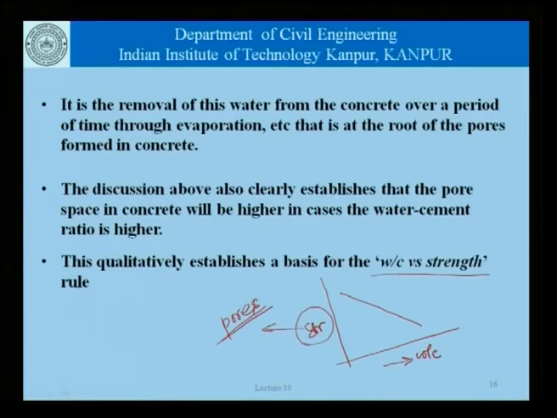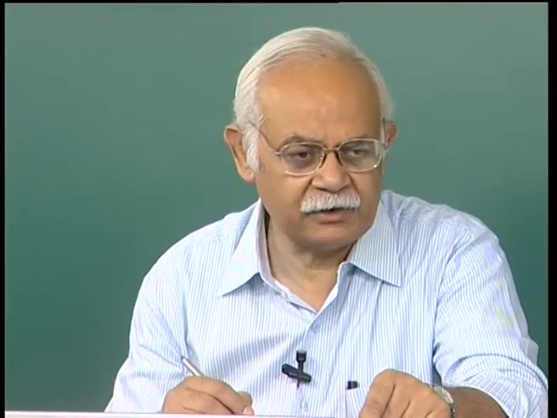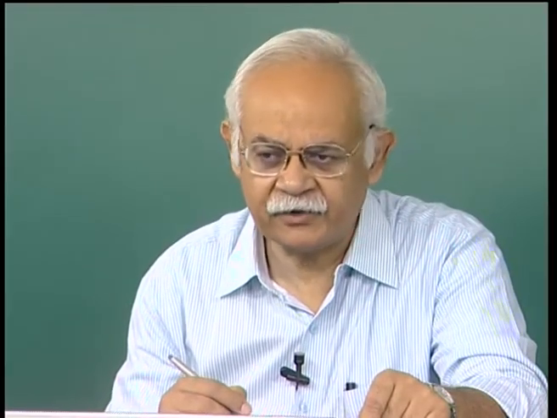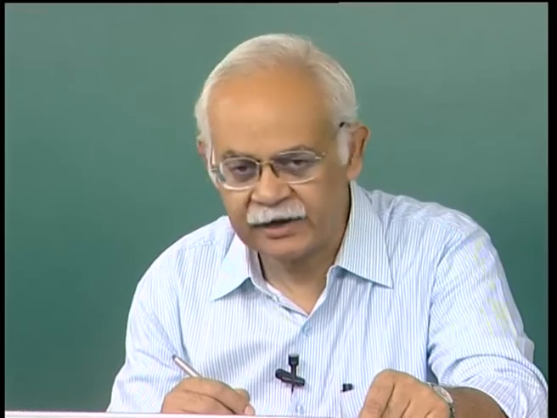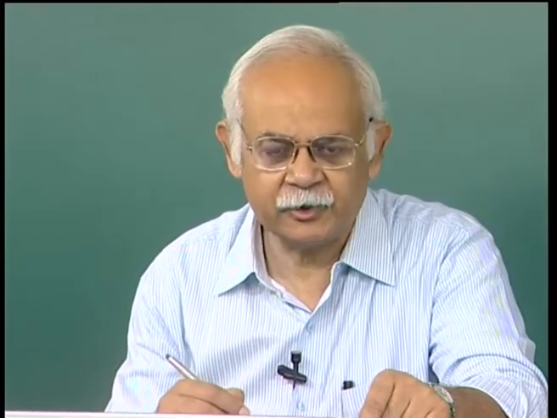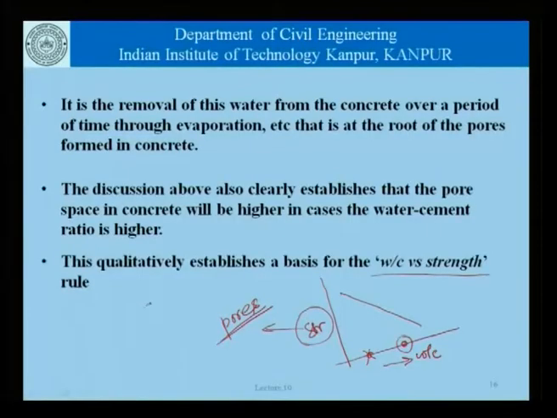Now we have seen that if the water cement ratio is higher, the excess water available over and above that required for the hydration of cement is higher, and therefore, the pores will be more, and therefore, the strength will be less, because strength is related to porosity through an expression which is something like this.